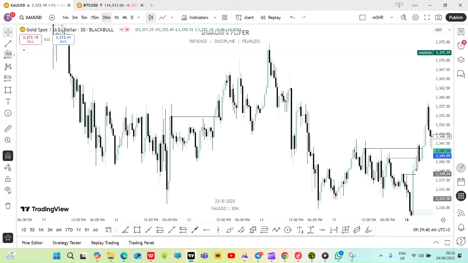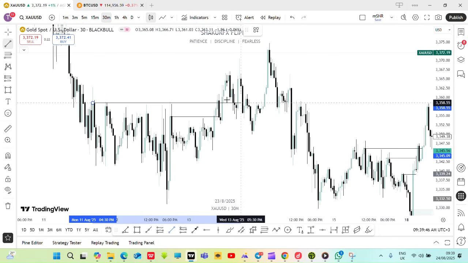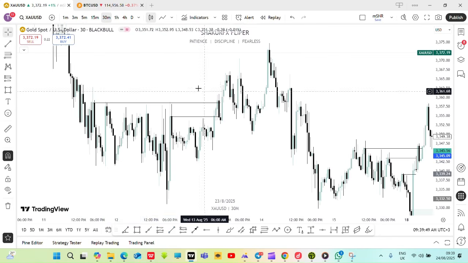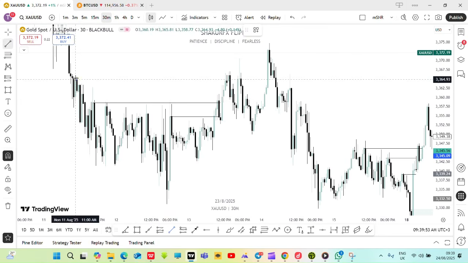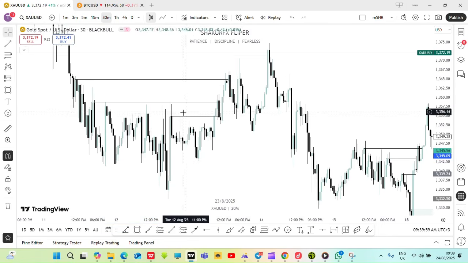We got this one. Yeah, all these are resistances. There are strong resistances, as you can see. 1, 2. Here in fact it cleared a large number, three resistances. 1, 2, 3. Cleared all of them.